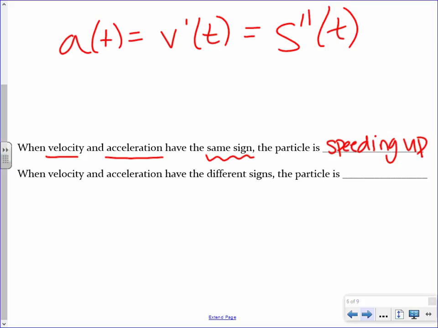So if we are accelerating negatively and our velocity is negative, we are still considered to be speeding up. It's like you putting your car in reverse and hitting the gas. You're moving backwards and you're getting faster backwards. You're speeding up.